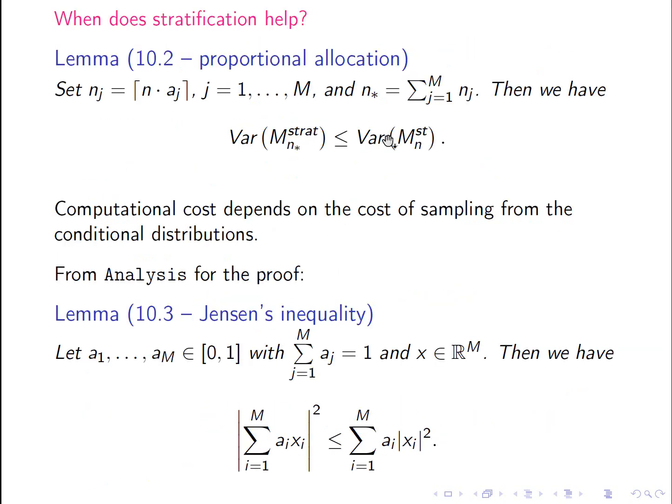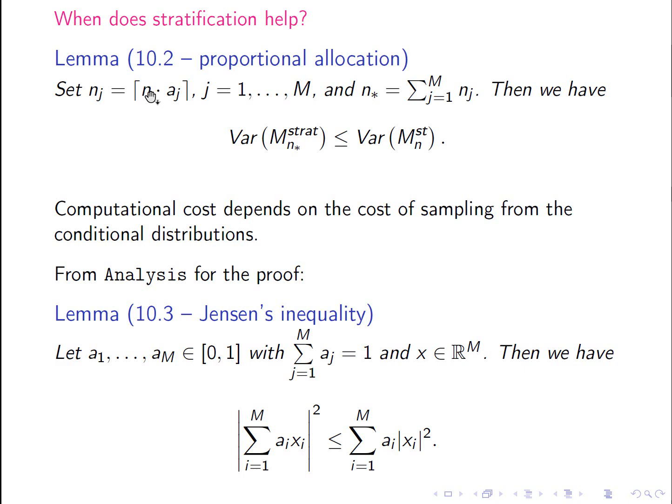It turns out that even for really simple stratification strategies, you can obtain a smaller variance than the one for the standard estimator. The simple stratification scheme is a so-called proportional allocation. Here we start with an initial budget n. We call alpha_j the probabilities that x takes values in S_j.